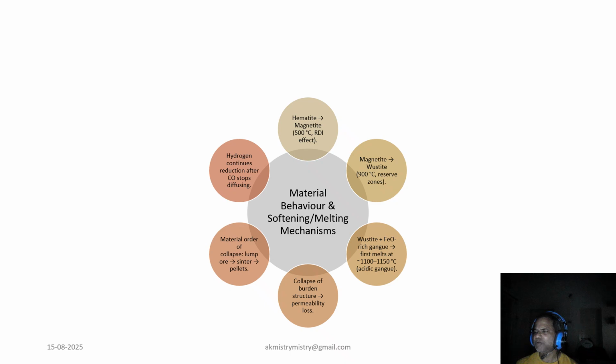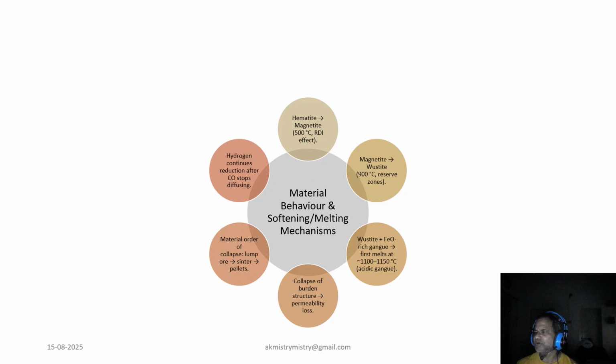This melting collapses the burden structure, leading to permeability loss. The collapse sequence typically follows lump first, then sinter, and then finally pellet. So lump, sinter, pellet is the gradual collapse.